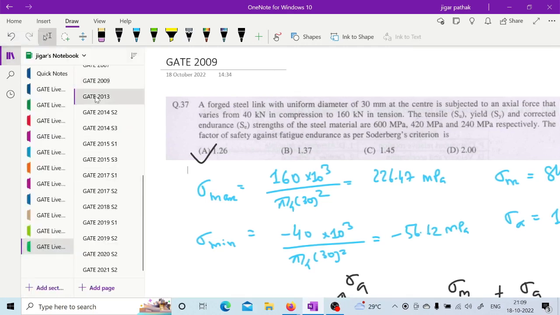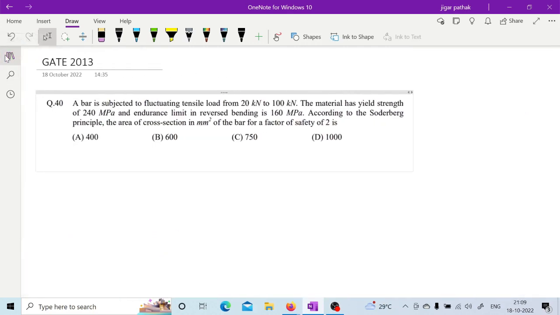Okay, so let us go to the next one. Here a bar is subjected to fluctuating tensile load of 20 kilonewton to 100 kilonewton. The material has yield strength of 240 megapascal. Endurance limit in reverse bending is 160 megapascal. According to Soderberg principle, the area of cross section of the bar for a factor of safety 2 is. You can do this also, right?